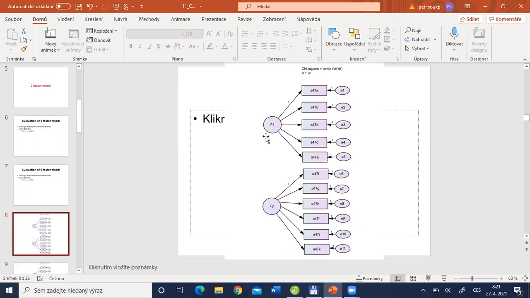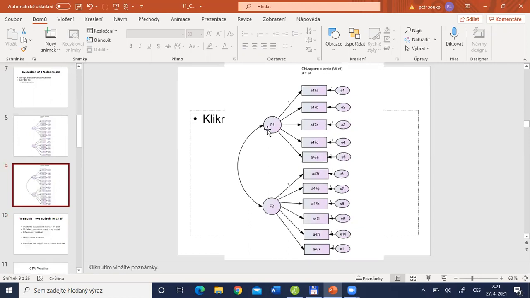So you cannot see any covariance, any double-headed arrow here between factor 1 and factor 2. So that's the first model for discussion. And the next model, which would be a competing model, is the model which expects there could be some relationship between the left-right scale and the conservative-liberal scale, so it means between factors.